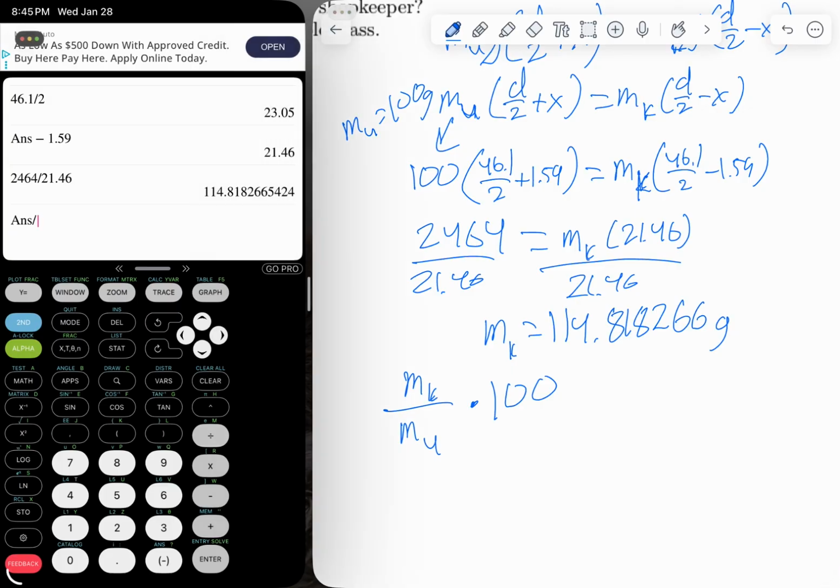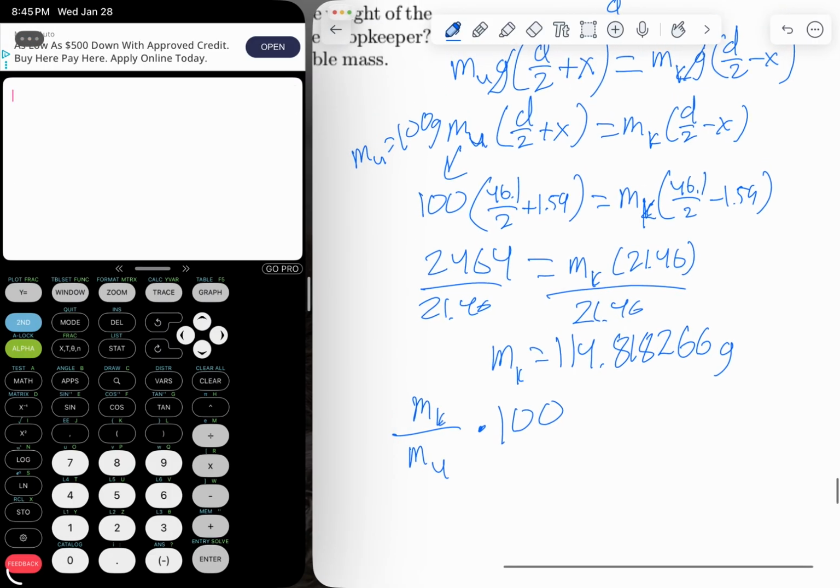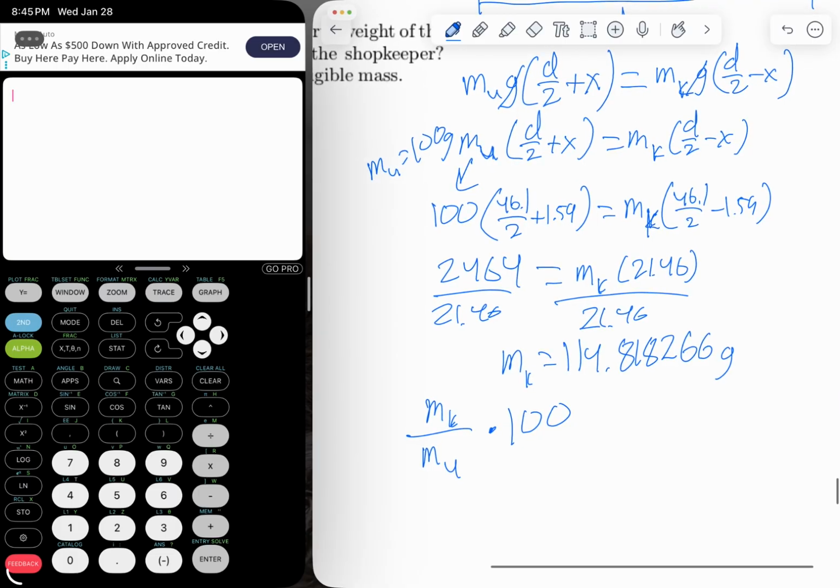So if I divide this by 100, it's 14%. So if it was 100, then I'm charging you 14% more.